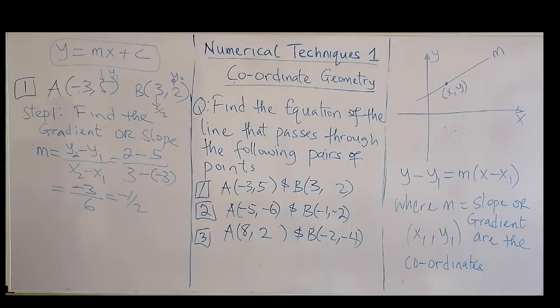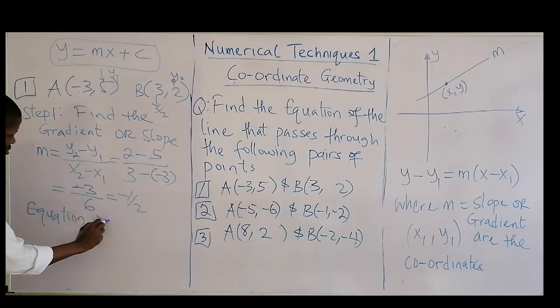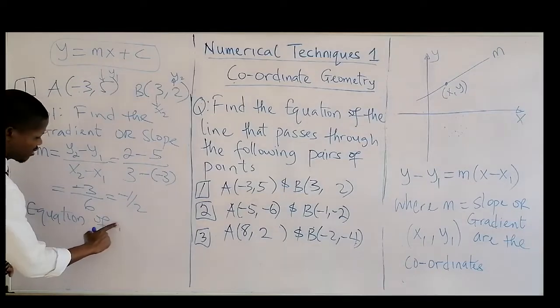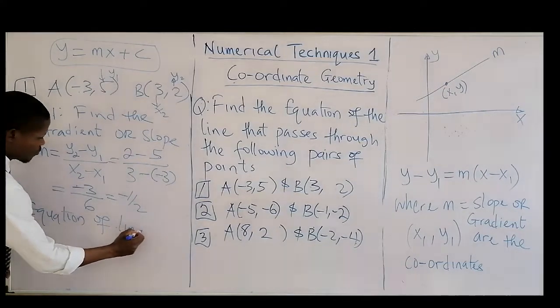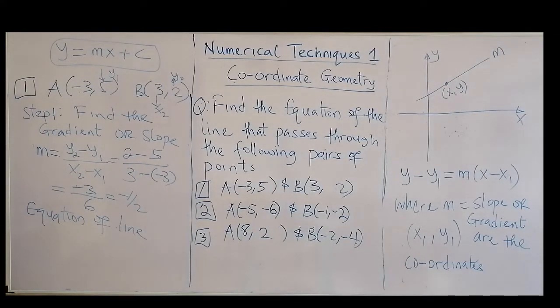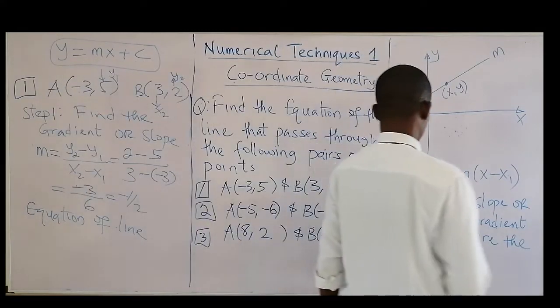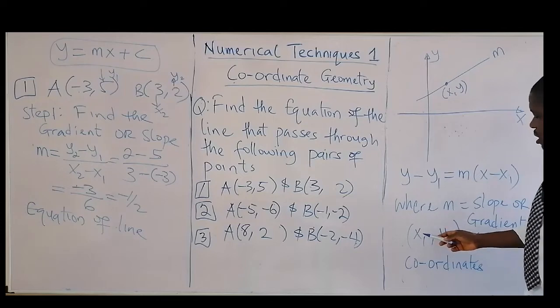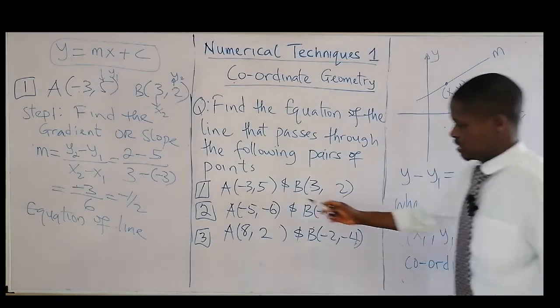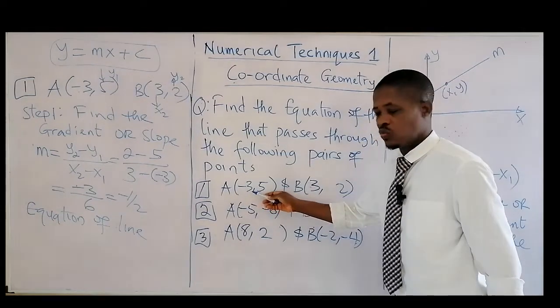Then the equation of a straight line is equal to... Now you decide which coordinates will be my x1, y1.